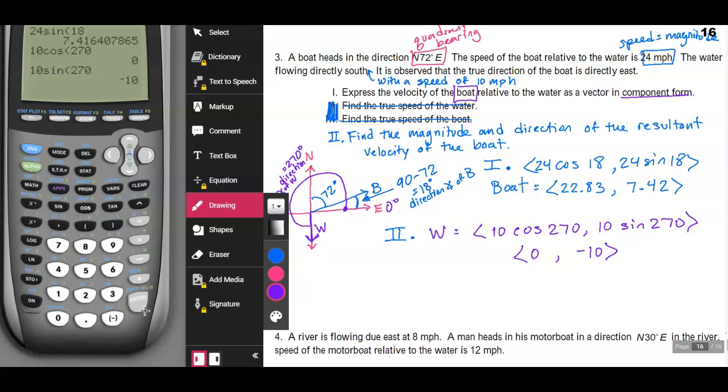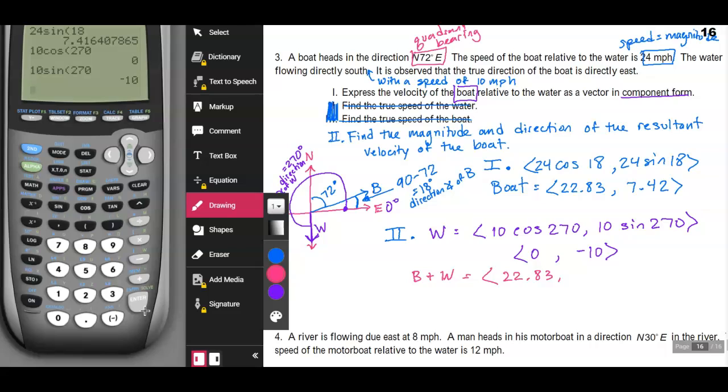So what we're going to do is add our two vectors. We first have to add them together. So we have 22.83 plus 0, it's just 22.83.